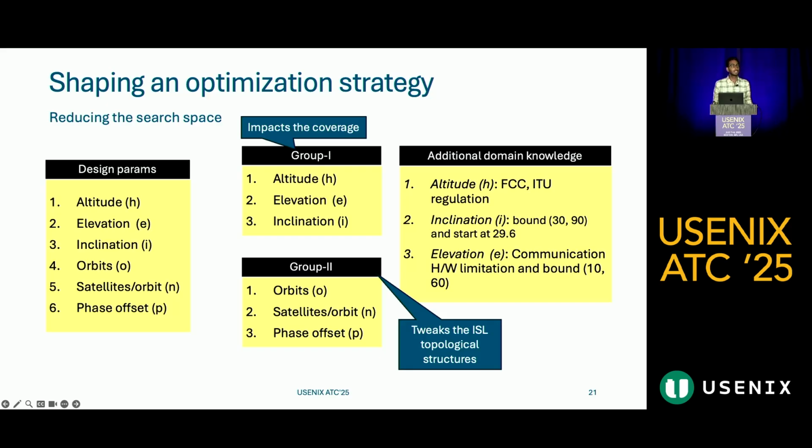Again, we could use further domain knowledge to reduce the search space further. For example, altitude comes under regulation by the FCC and ITU, so we are not going to get much flexibility on that. Inclination, again because of that symmetric behavior, and we also know that extreme values don't help in good results, so we could restrict it between 30 to 90 degrees.